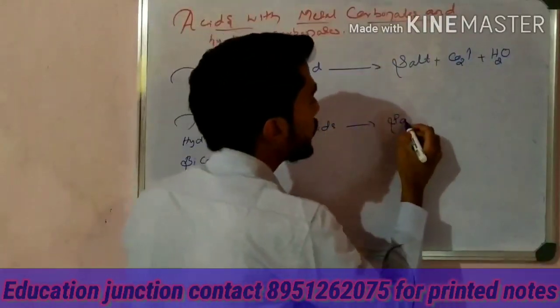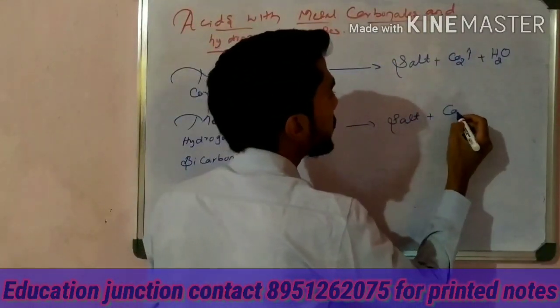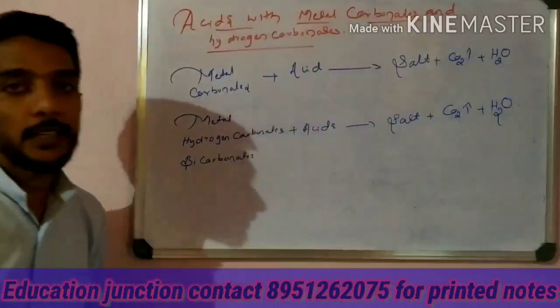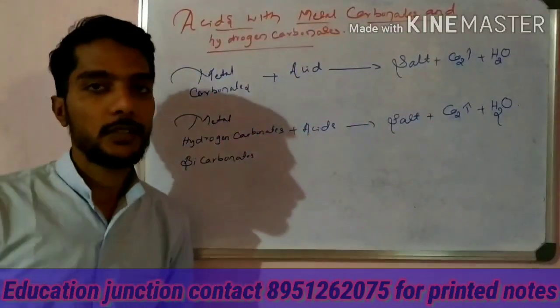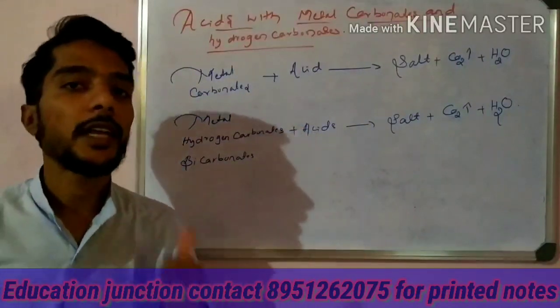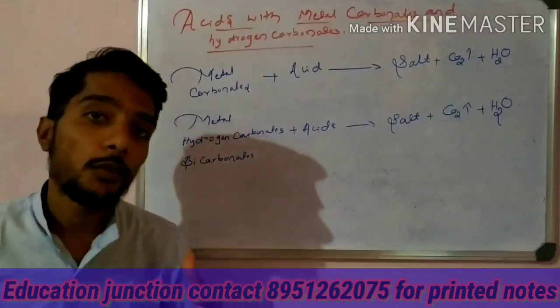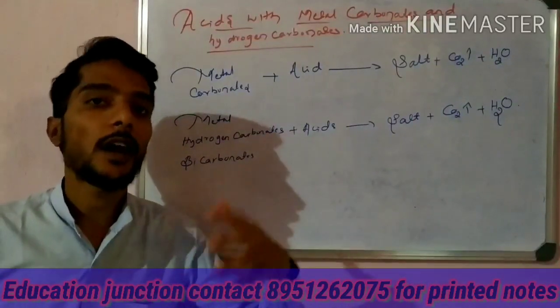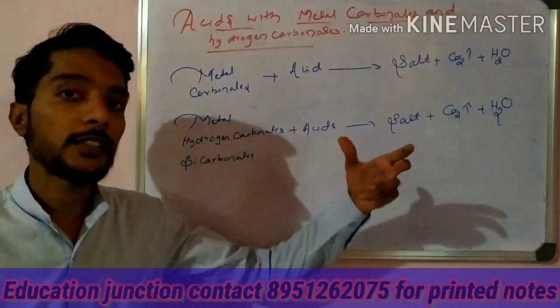Same, there is no change: salt plus carbon dioxide plus H2O. That is a very important point. Acid reacts with metal, hydrogen gas; acid reacts with carbonate, carbon dioxide; acid reacts with hydrogen carbonate, carbon dioxide.